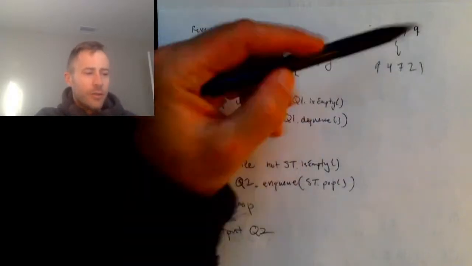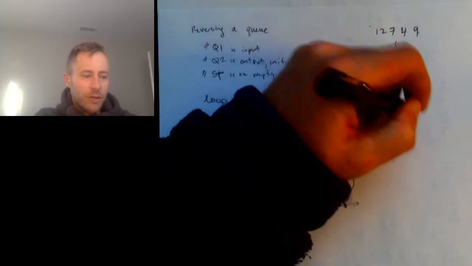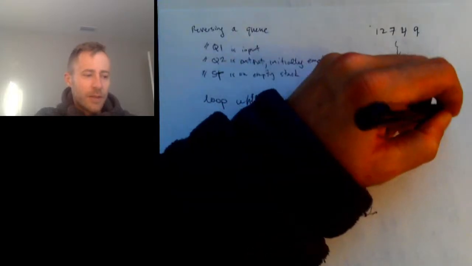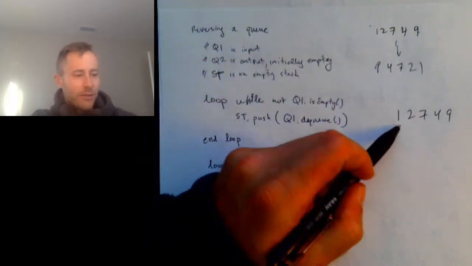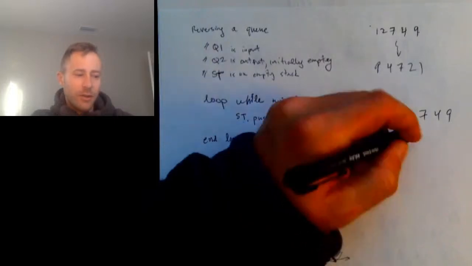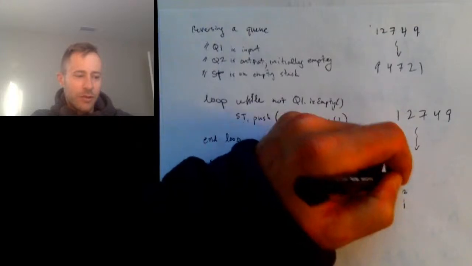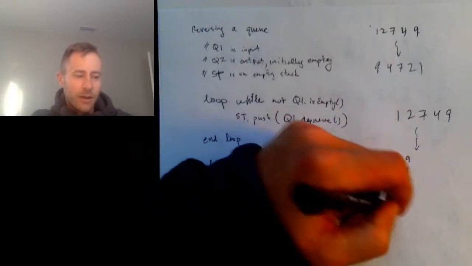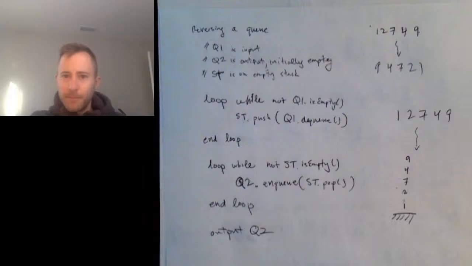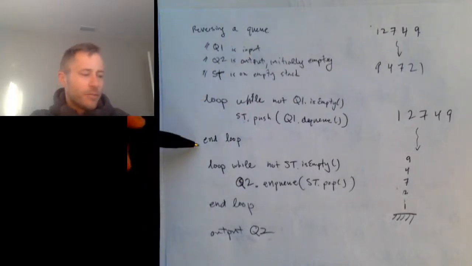Let's say that's 1, 2, 7, 4, 9. I go through and take the front element and put it onto the stack, so the stack becomes 1, 2, 7, 4, 9, where here is the bottom of the stack. That's what this block of code is doing.